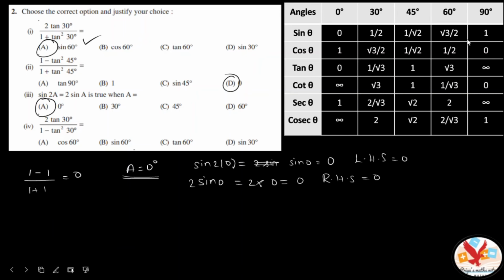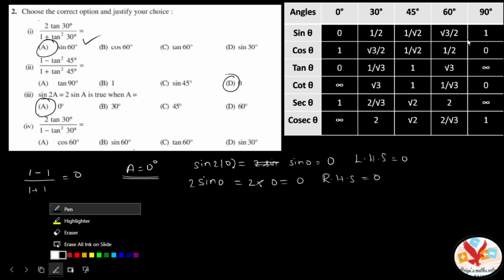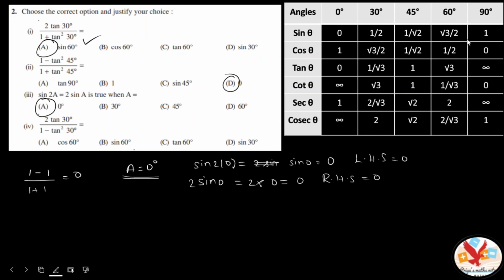Okay. Now let us solve the fourth statement. The same, we are going to apply the values to tan 30 degree. What is tan 30 degree here? It is 1 by root 3.